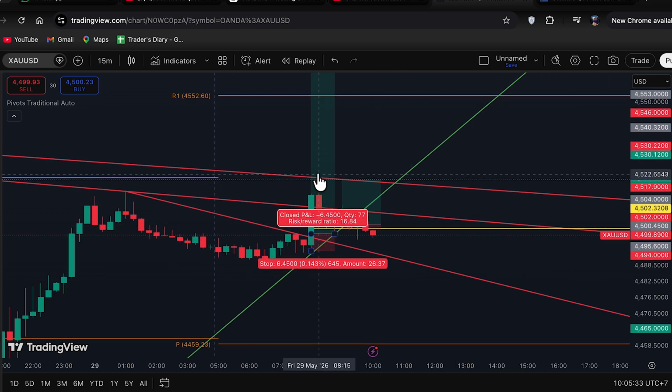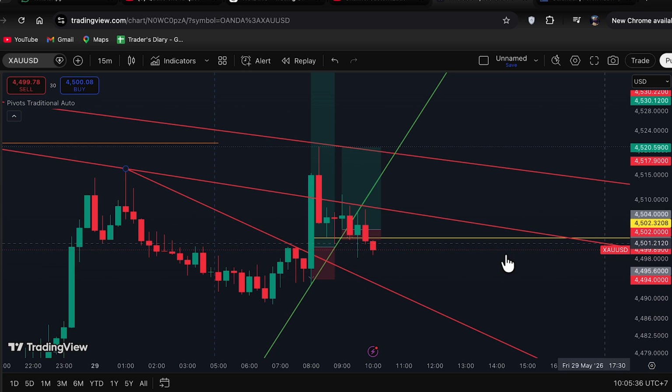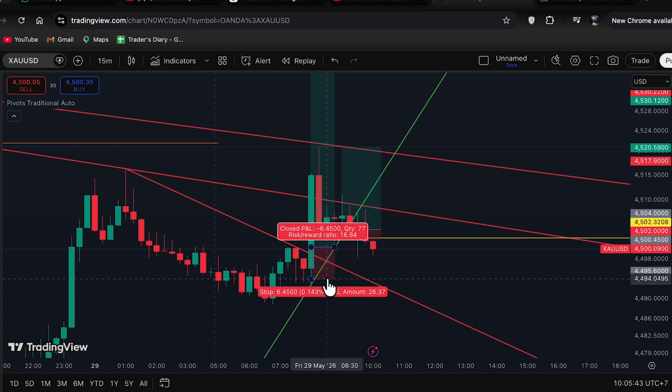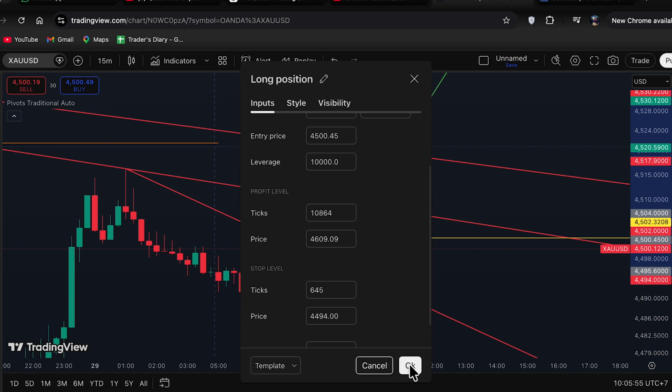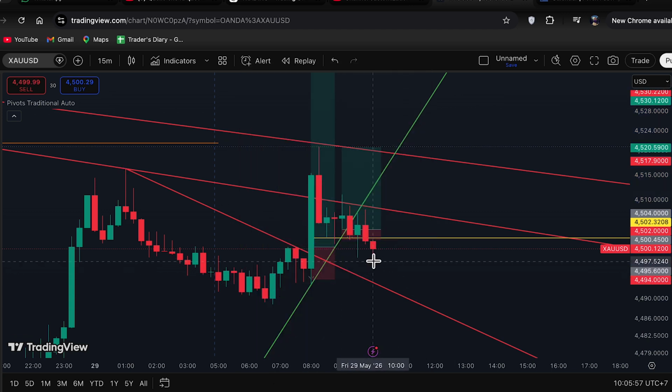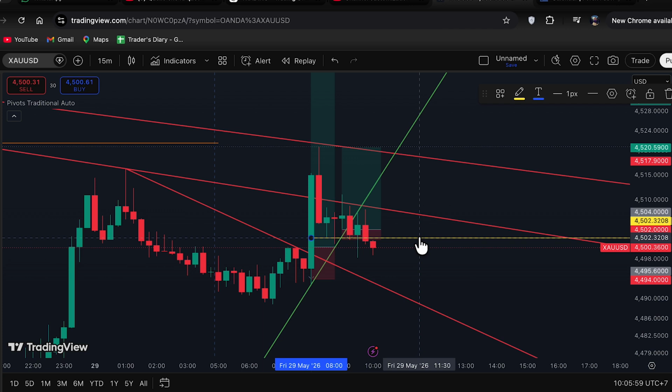Okay, so the price bounced back, and I had previously moved my stop loss from this price. My stop level was at $4,494, and this is how I draw the stop loss in the chart in TradingView wherever I change it.